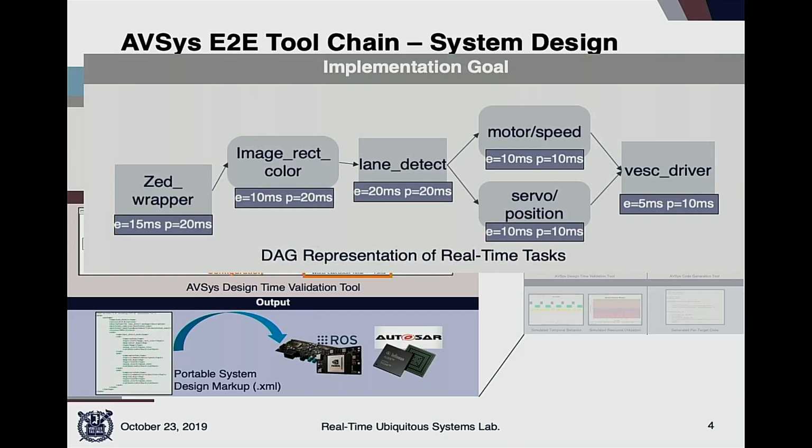For the implementation goal, usually the autonomous driving system runs on ROS, the Robot Operating System. ROS consists of nodes and edges, which can be represented as a DAG, a directed acyclic graph.